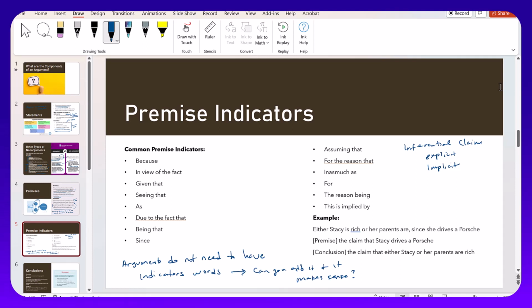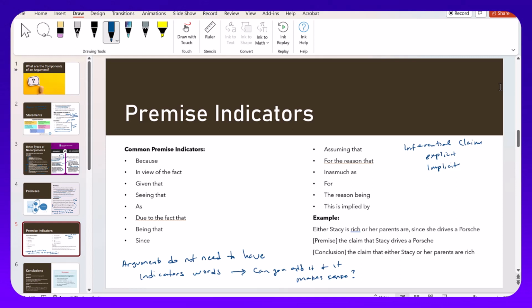So an example here, right? Either Stacy is rich or her parents are, since she drives a Porsche, right? So the premise is the claim that Stacy drives a Porsche. The conclusion is that either Stacy or her parents are rich, right?